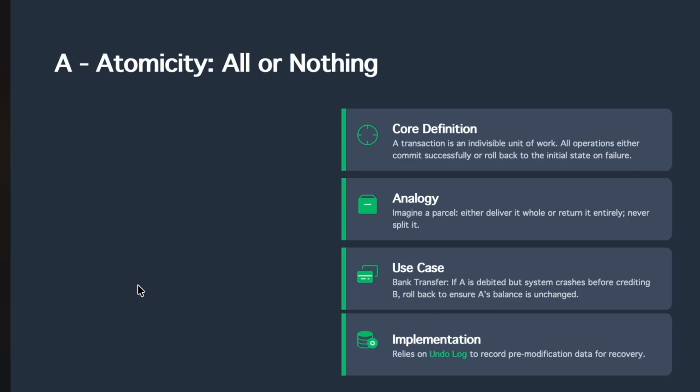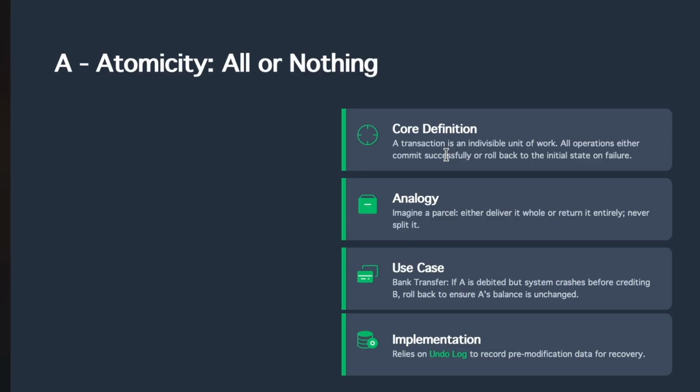First property, atomicity, also known as the all or nothing rule, prevents data inconsistency caused by half-executed transactions. In plain words, a database transaction is an indivisible minimal work unit. It either executes completely successfully or fails completely with no partial data left.